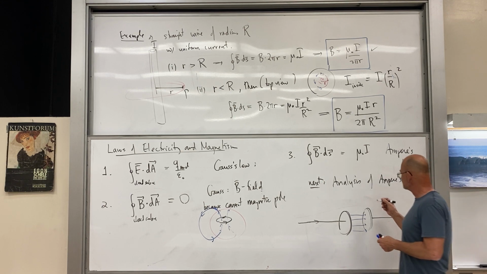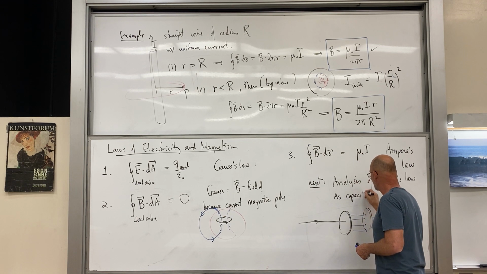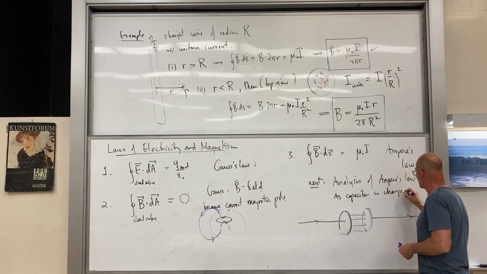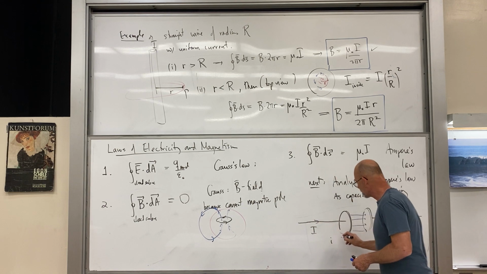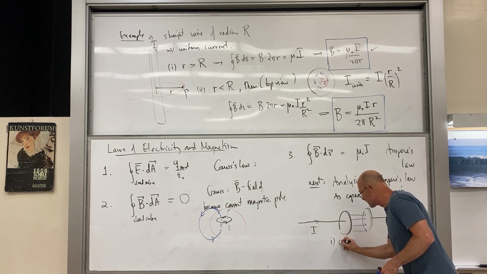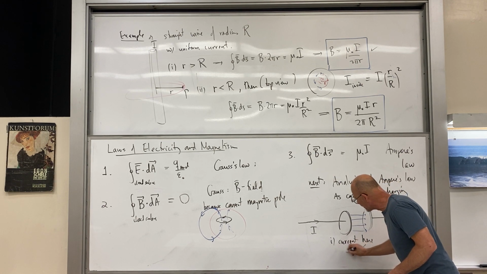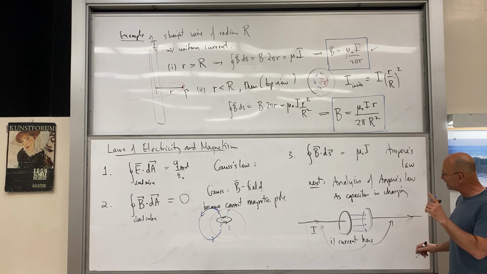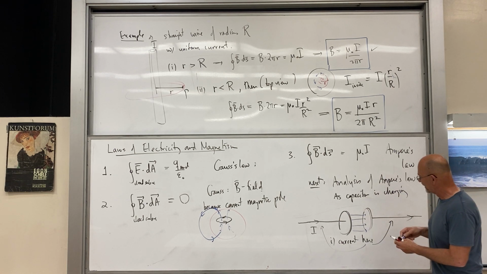So I'm going to write, as the capacitor is charging, we have, first of all, current. I'll just write current here, and by here I mean right there and right there. But at the same time, we have E field building up inside.